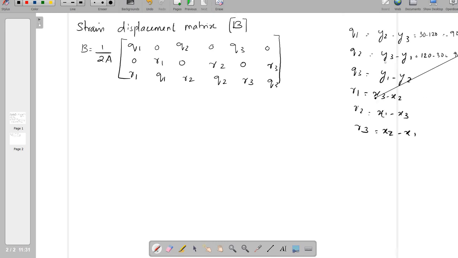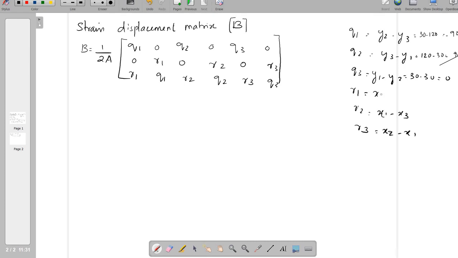Next, y1 minus y2, that is Q3, is 30 minus 30, which is equal to 0.